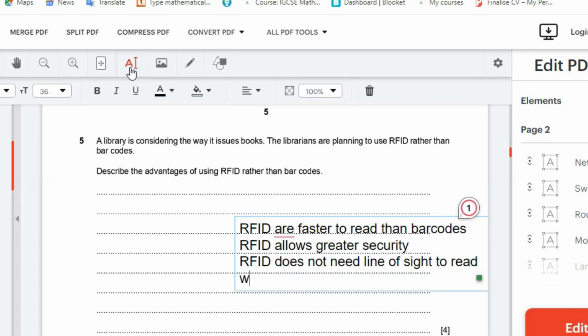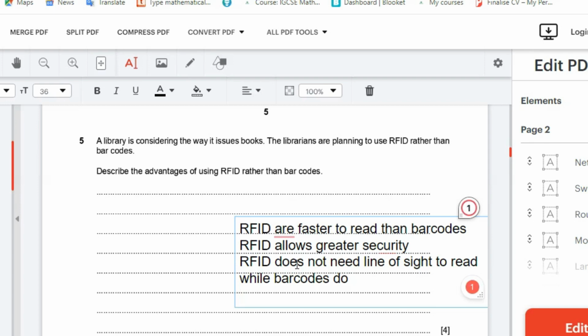Why barcode does? Barcodes, they do require line of sight to read. But barcodes do need them, while RFID does not need them.